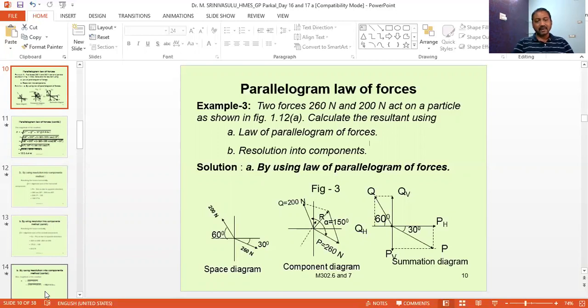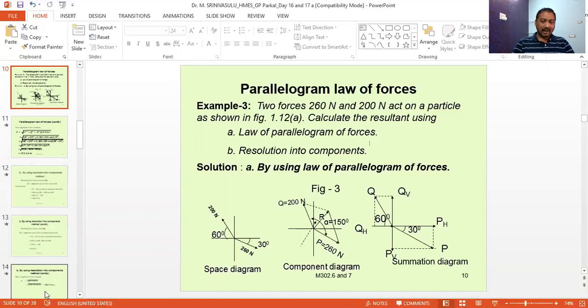Here alpha 2 is equal to 60 degrees, the angle made by the force Q with horizontal. So Q means the 200 newtons. So 200 into cos 60. But this force is acting in the leftward direction, that is the negative x direction. So it is a negative one.